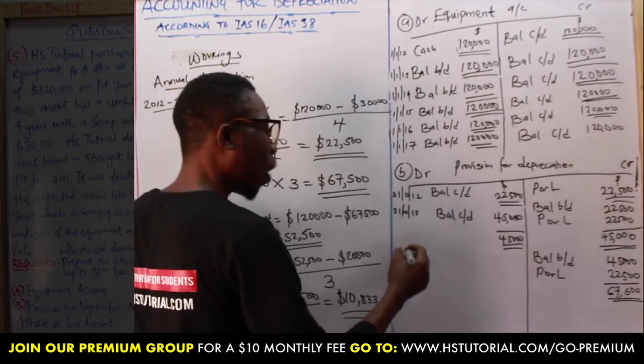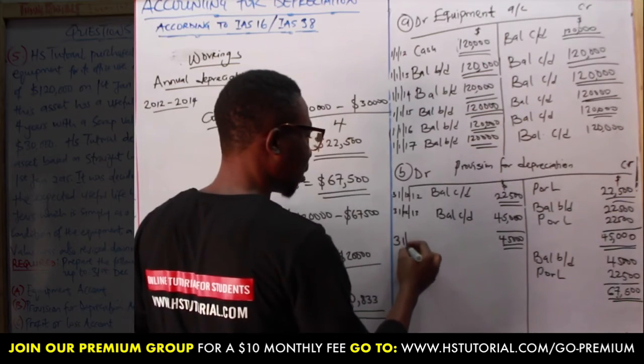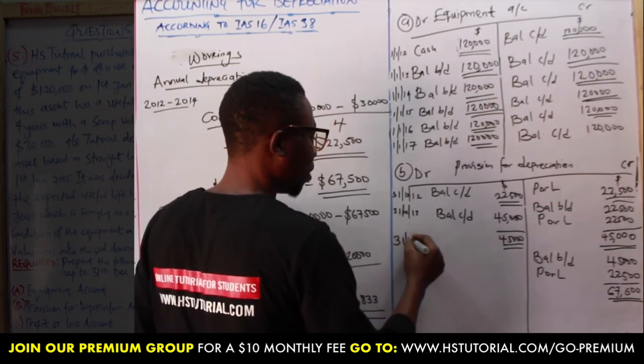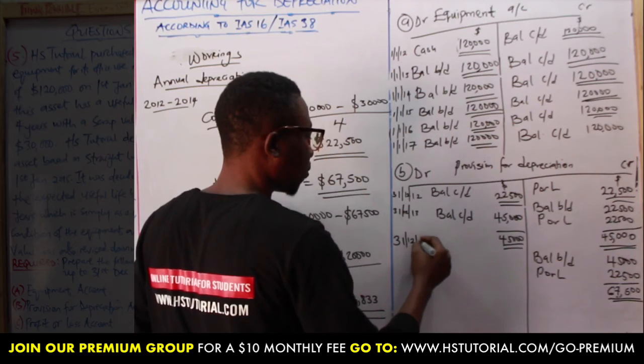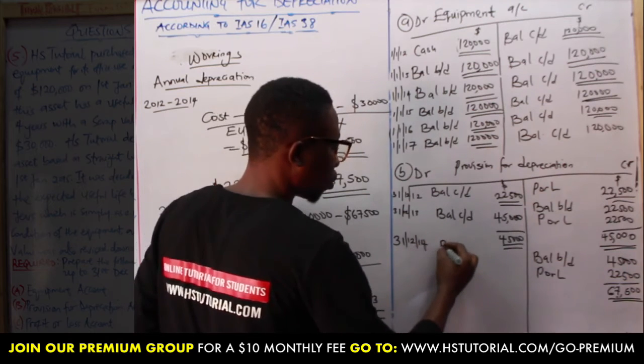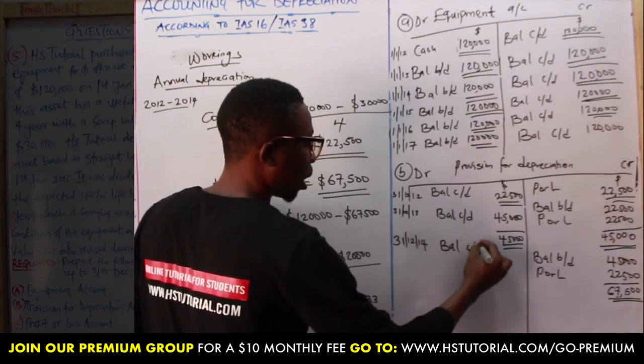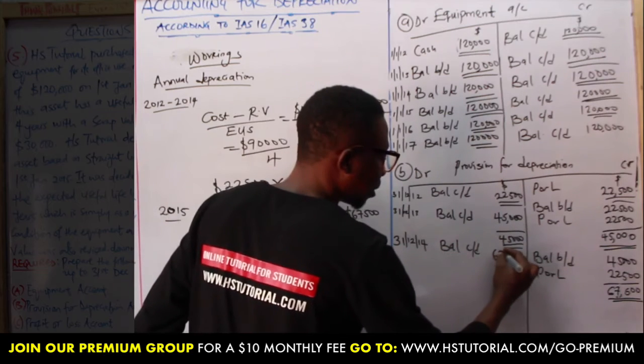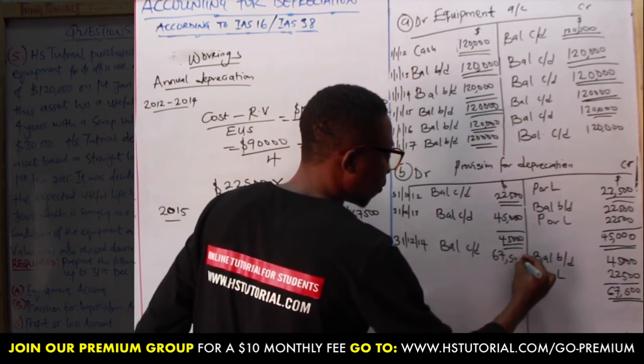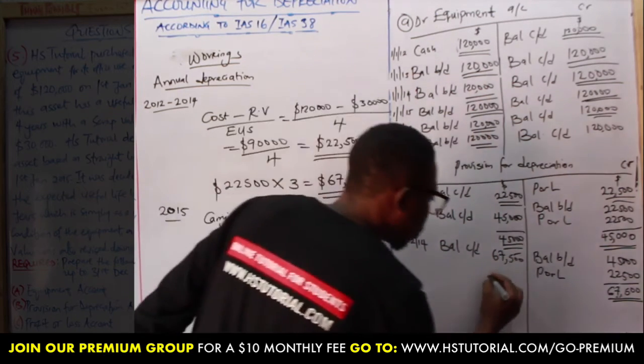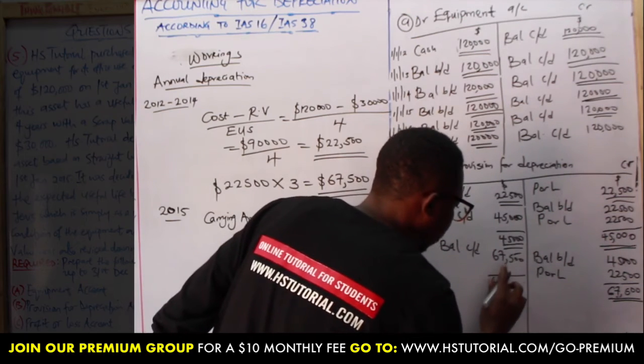So you go ahead to balance it at the end of year 3, which is 31st of 2014. So that will be balance carried down of how much? 67,500 naira.